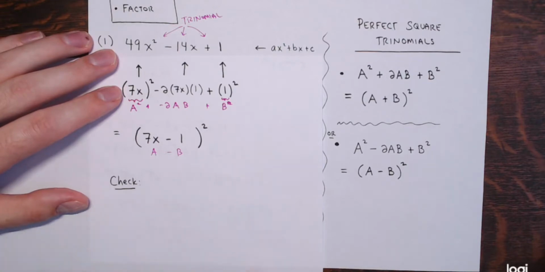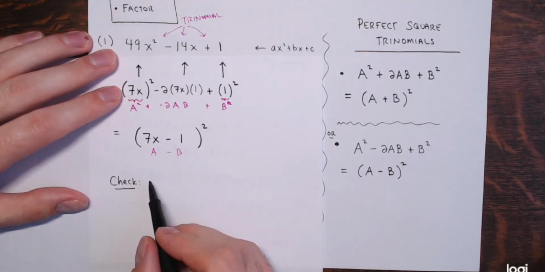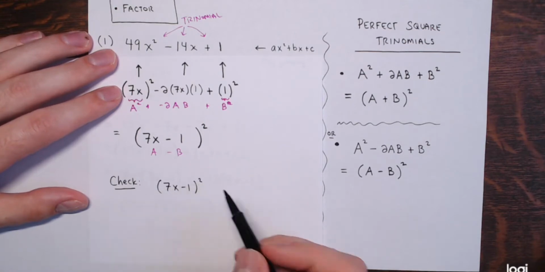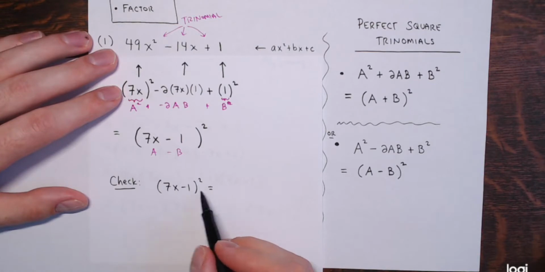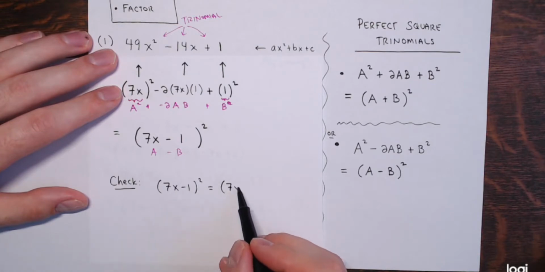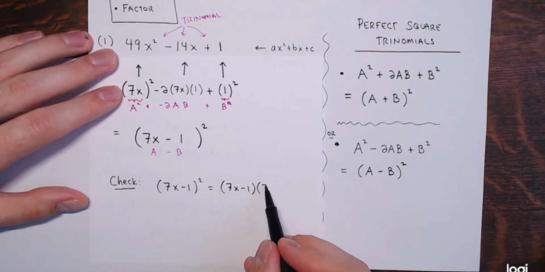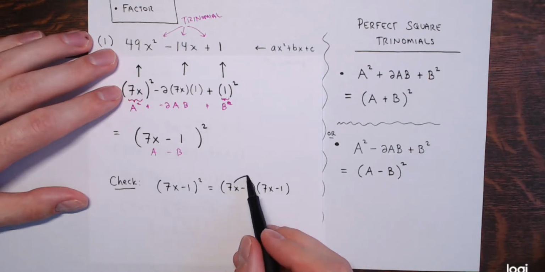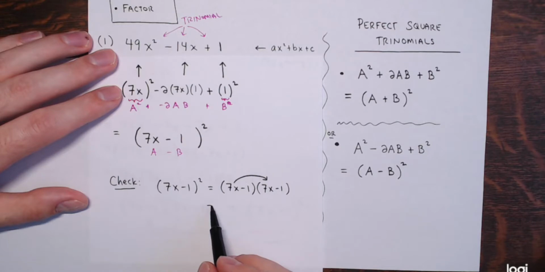I'll show you a couple ways we can do this. First, you multiply. Take our final result, 7x minus 1 squared. Remember what that means: 7x minus 1 times 7x minus 1. Then you FOIL. You distribute the 7x to the 7x minus 1, so that's 49x squared minus 7x.